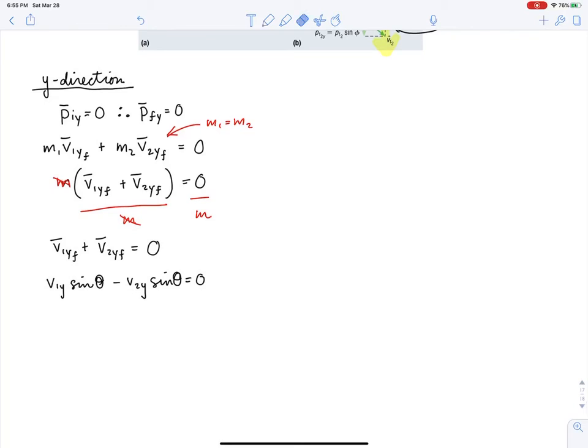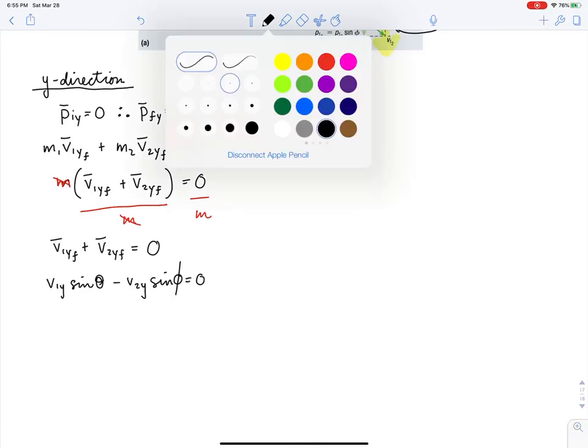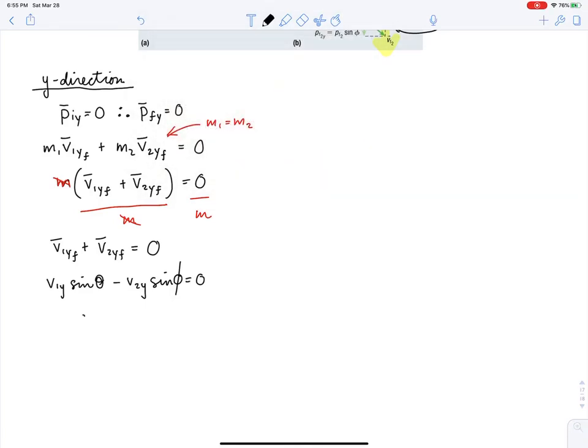Oh, and one thing I want to be clear on is that for this angle we're using the symbol phi, P-H-I, pronounced phi. Okay? So we can rearrange this and solve for theta. Sine theta is equal to v2 sine phi divided by v1.